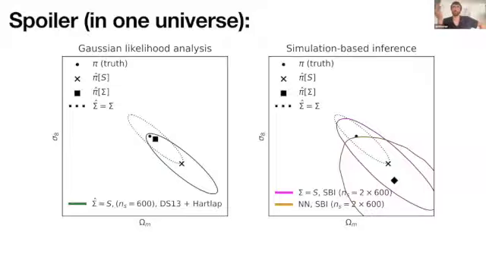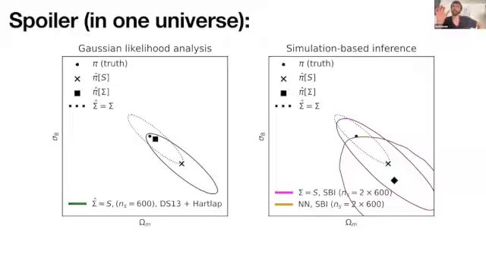On the right, we have two simulation-based inference analyses to compare to both of these posteriors on the left. The first of these, this magenta contour, is using this optimal linear compression, but with an estimated data covariance. The second is using a neural network for the compression.